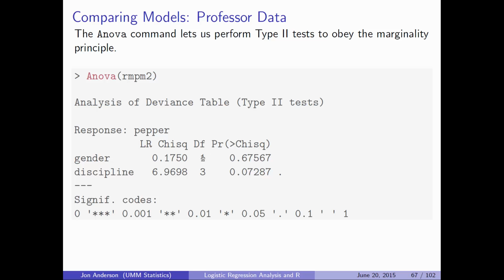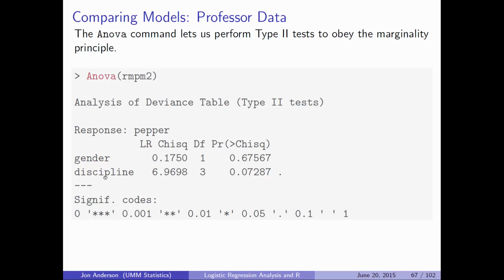Well, that's a 1 degree of freedom change, and it shows that the null hypothesis for this test would be to have discipline in the intercept. The alternative hypothesis would be to have the full model with gender, intercept, and discipline. And the test statistic shows no evidence that the additional gender term is helpful after you've included discipline.